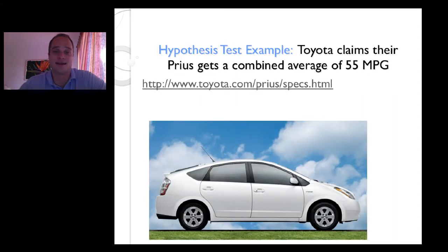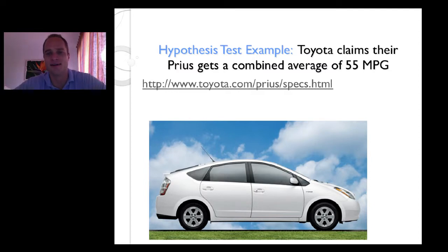A test that we can't do in class, but a consumer interest group could certainly do, is testing manufacturers' claims on the average miles per gallon that the vehicle gets. In this case, a Toyota Prius, the hybrid, where miles per gallon is an important attribute for people purchasing a hybrid vehicle.